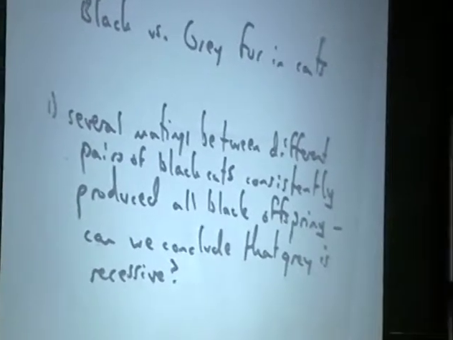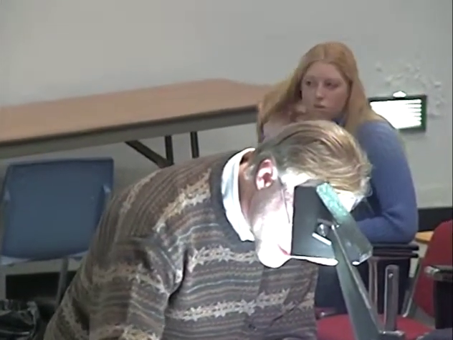If you think carefully about this, black could be recessive, which would imply that, in fact, these black cats are all homozygous. They're all true breeding. So they would not segregate the gray trait simply because they don't carry the alleles for the gray trait. So the answer then is no.